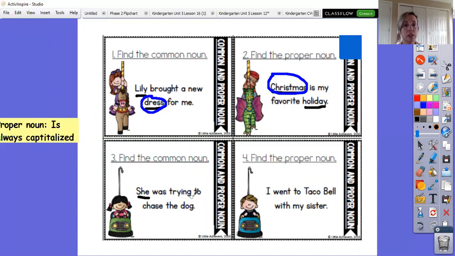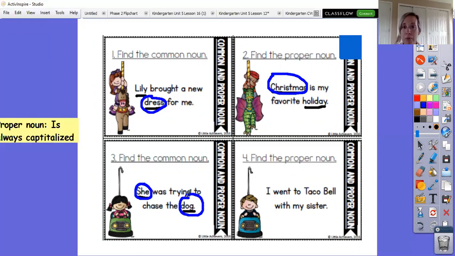Remember, a common noun is just any old person, place, or thing. So she is one of the nouns. It's just a common noun. It's not a specific person, is it? Our other noun is dog. Is it saying trying to chase Fido? Trying to chase Spot? No, it just says any dog. So that is our common noun.